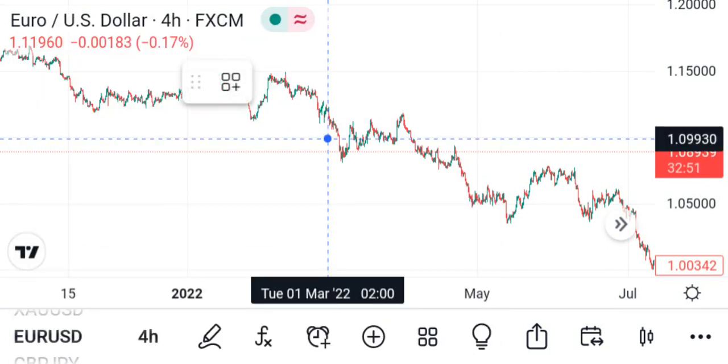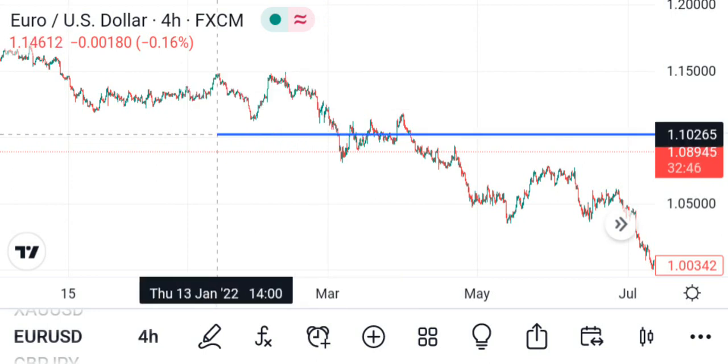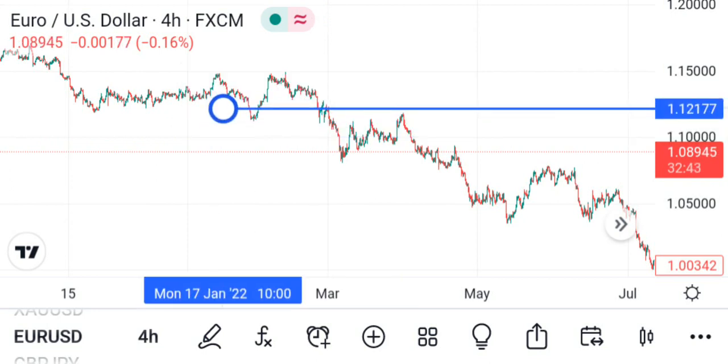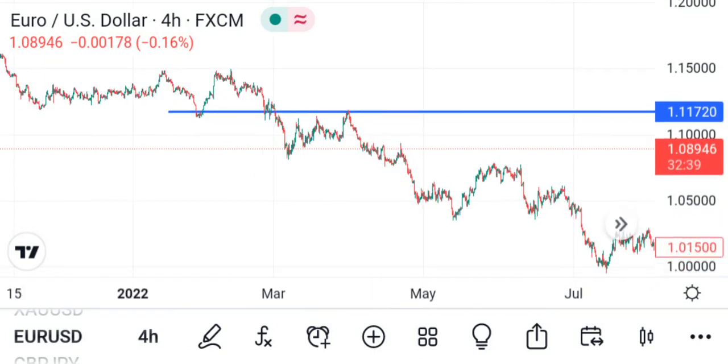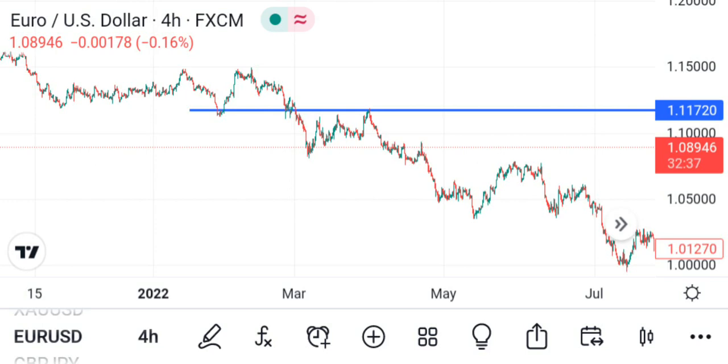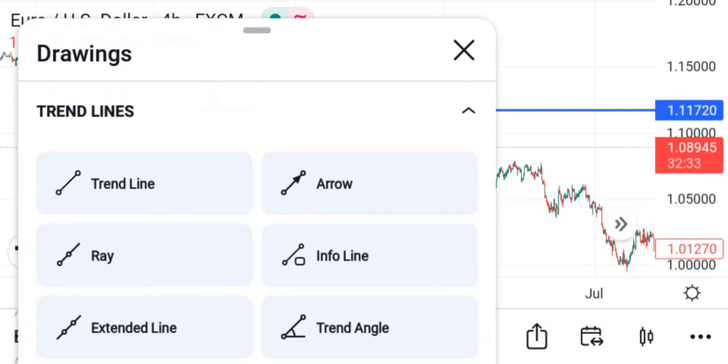Now, let's see this. This market was on a downtrend, but there was a breakout. So let me draw a trend line so you know the market is on the trend.